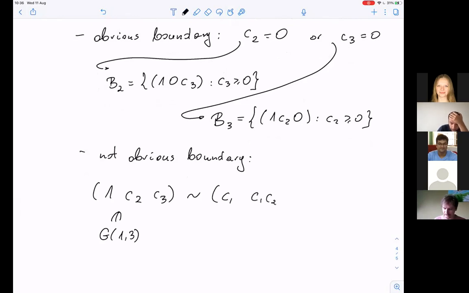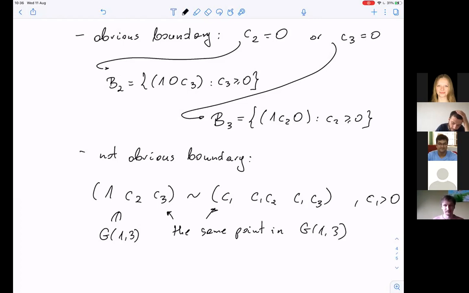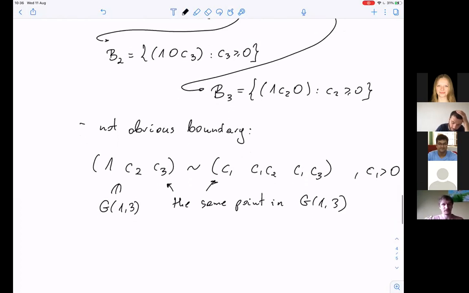If I take this point and multiply by a common constant, let me take C1 positive here, then this defines the same point in G1,3. It's the same point because it defines exactly the same plane.